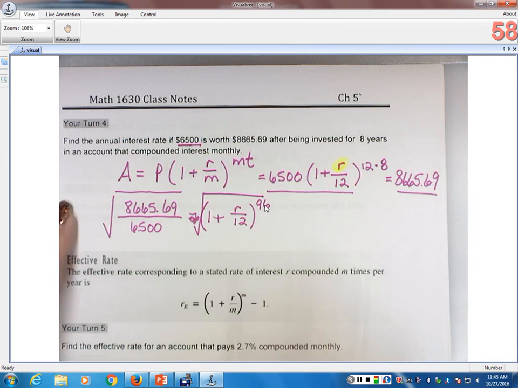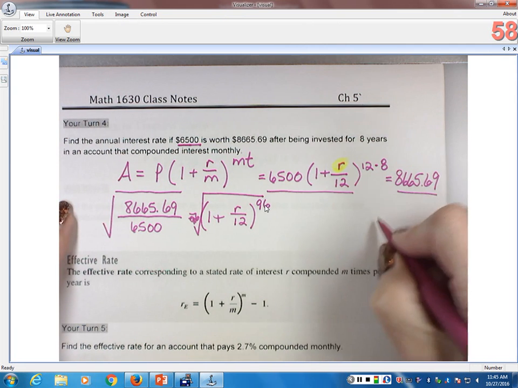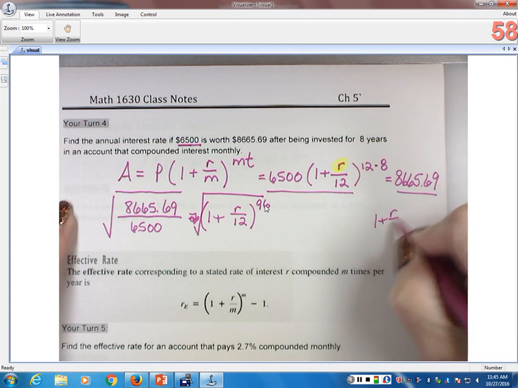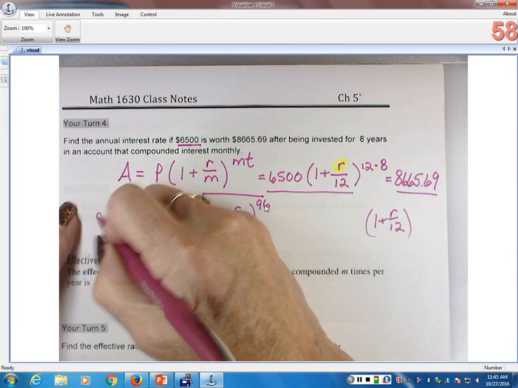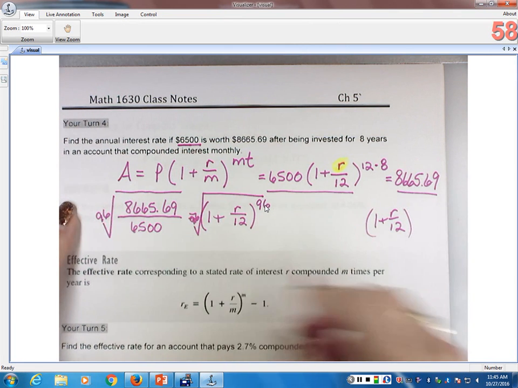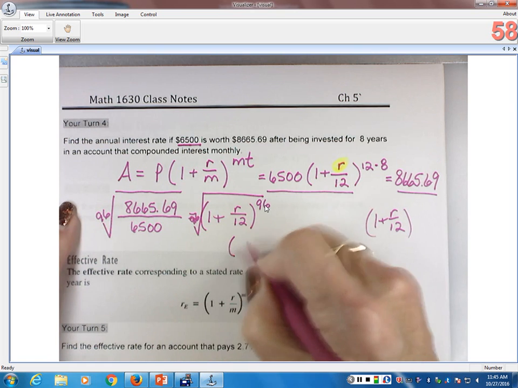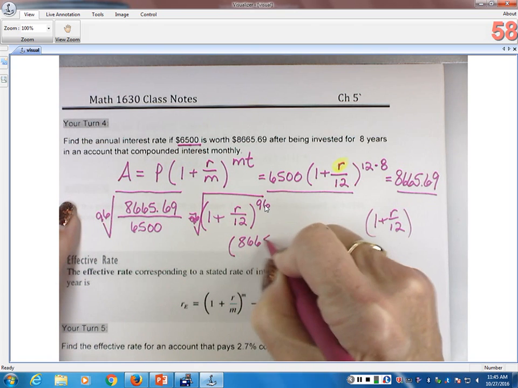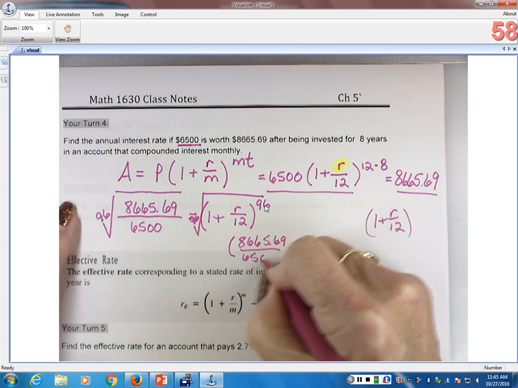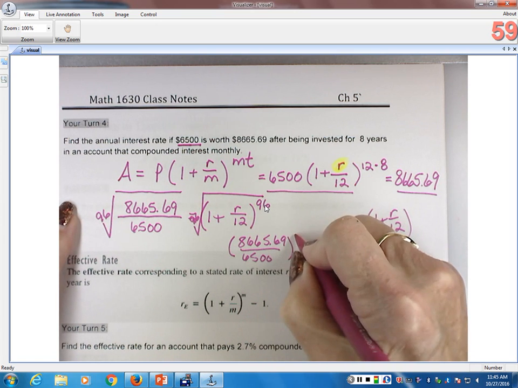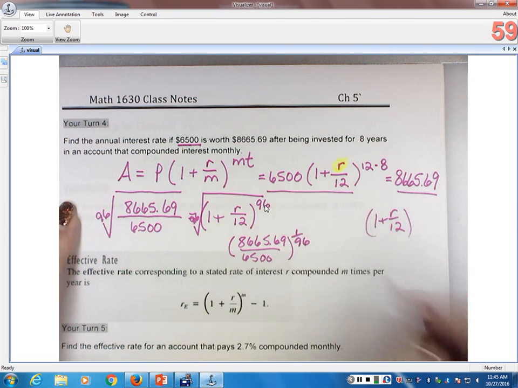I'm going to take the 96th root of that side, which is going to give me 1 plus r over 12 by itself. And if I take the 96th root of that, that's the same thing as taking this quantity to the 1/96 power.